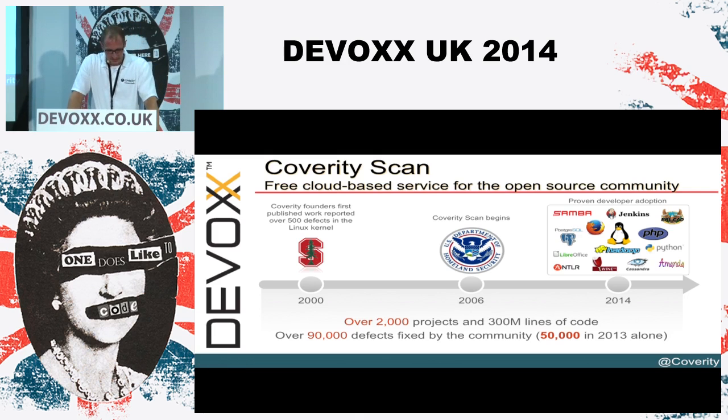Since the launch of Scan, these stats are probably out of date already, we have over 2,000 open source projects participating. That's a mix of C, C++, and Java. I think the majority is C and C++ because that's how we got started. And just in the last year alone, these projects fixed over 50,000 defects. These are defects that could have caused a crash, could have caused very commonly unpredictable behavior.